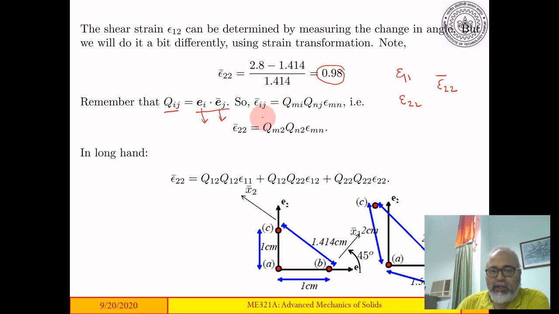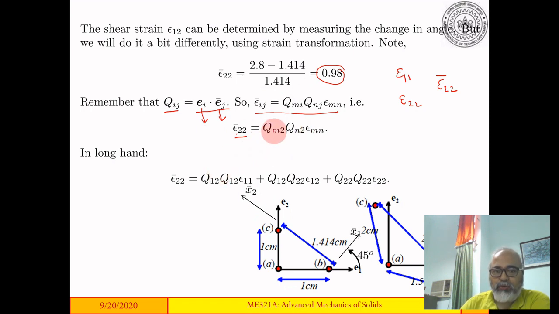Okay, so if we do that, this is the tensor transformation relation. I know epsilon 2 2 bar, so I want to connect epsilon 2 2 bar to the other strain components in the x1 x2 coordinate system. So 2 2 bar is in the x1 bar x2 bar coordinate system. This I know, and this I want to connect.